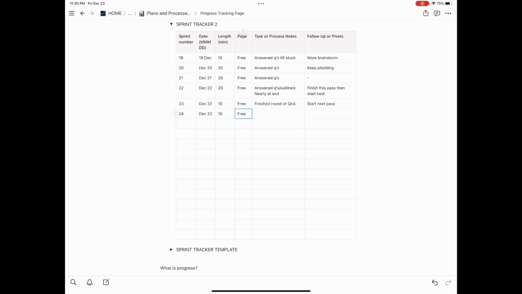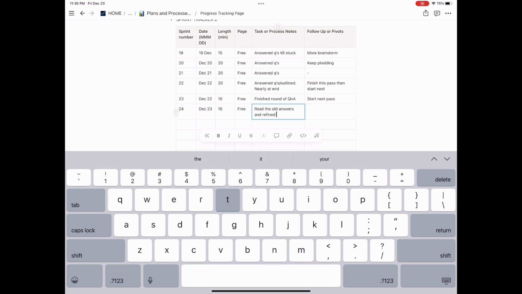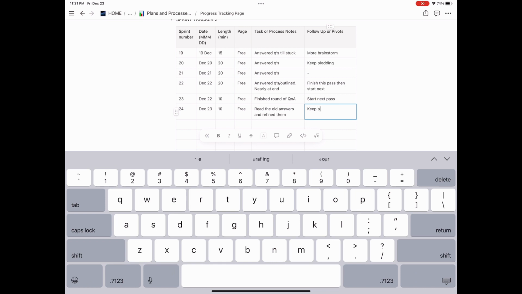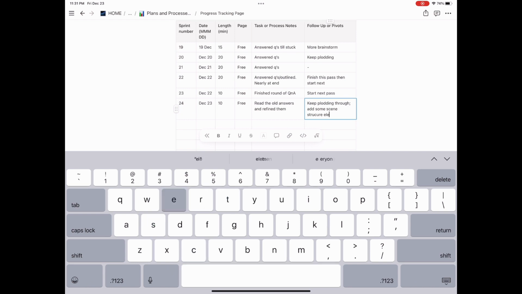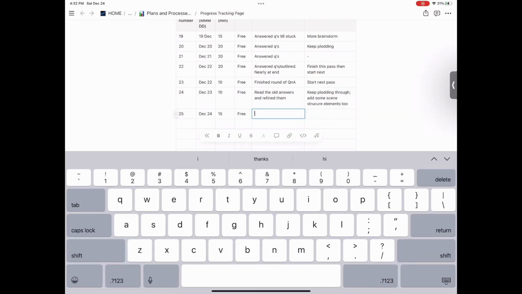So I got started on the third pass, where I just went right back to the beginning of the plot point Q&A and read everything I'd written for each plot point, answered any additional questions that I was now able to answer that I guess my brain had been working on in the background.